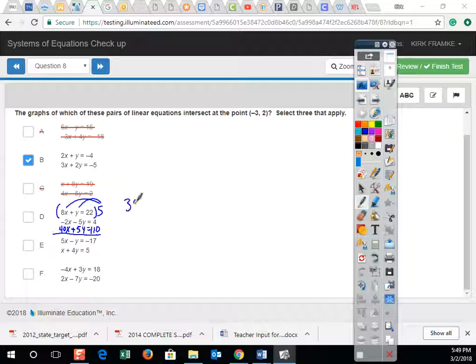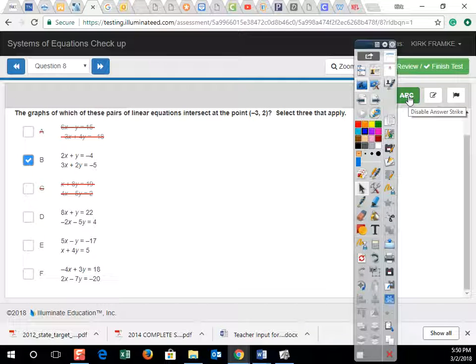So we get 38x, the y's cancel out, right? And we get 114, and right away I can tell I'm going to end up with a positive x value. So I'm not going to go any further. It's probably 3. It is 3. X equals +3 again.